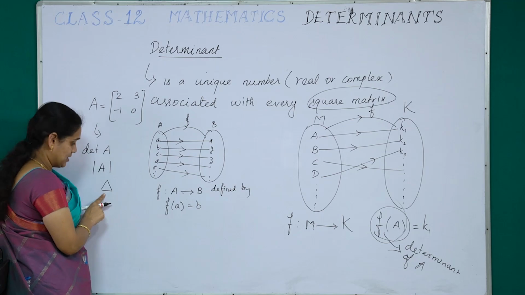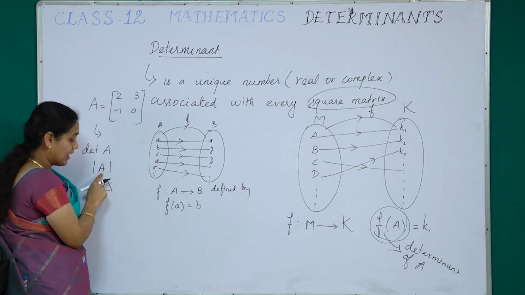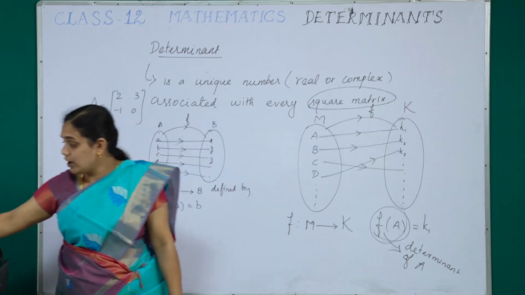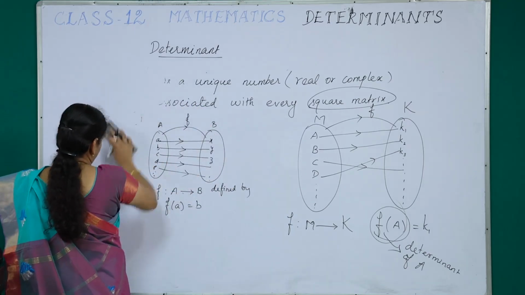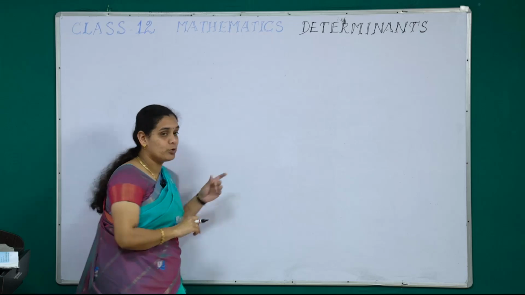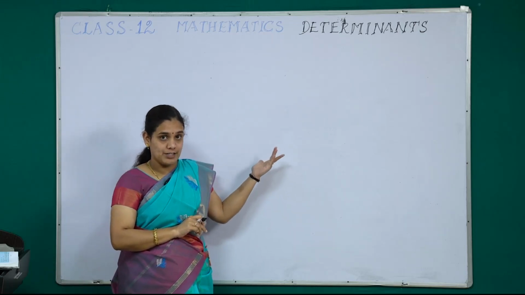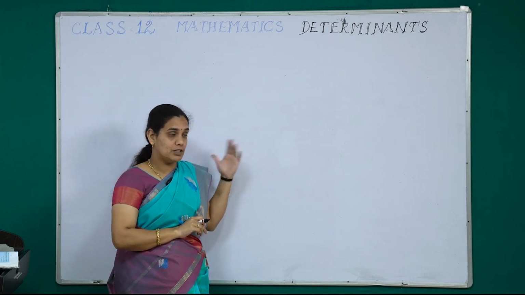This is not modulus; it is the determinant when A represents the matrix. Then we will see one by one how to find a determinant for square matrices. In class 12, you will be learning to find the values of determinants up to 3 orders with real entries, and in higher studies, you will learn more.